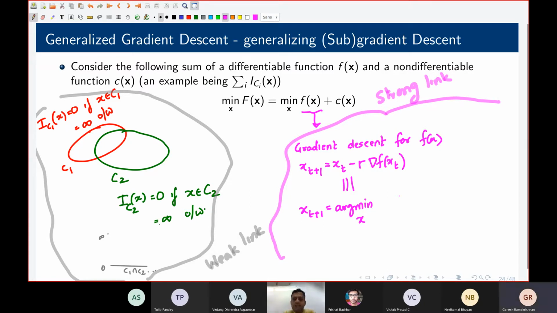What is it that gradient descent is optimizing? Help me fill up the right hand side. Anyone on the call? I don't know if I can hear you guys.